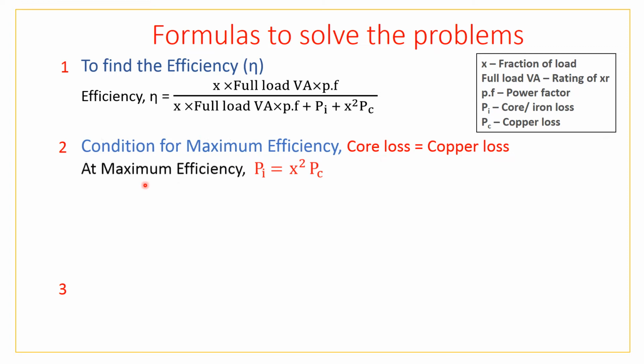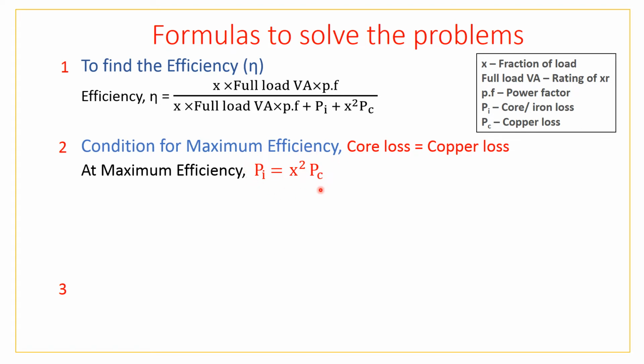So at maximum efficiency, core loss is equal to copper loss. Here core loss is PI and X square PC is the copper loss, because it depends on which load we are considering for maximum efficiency. So therefore PI is equal to X square PC is the condition for maximum efficiency.